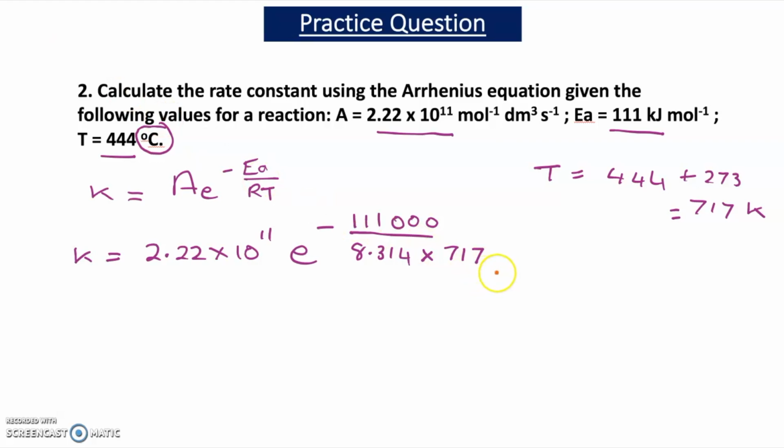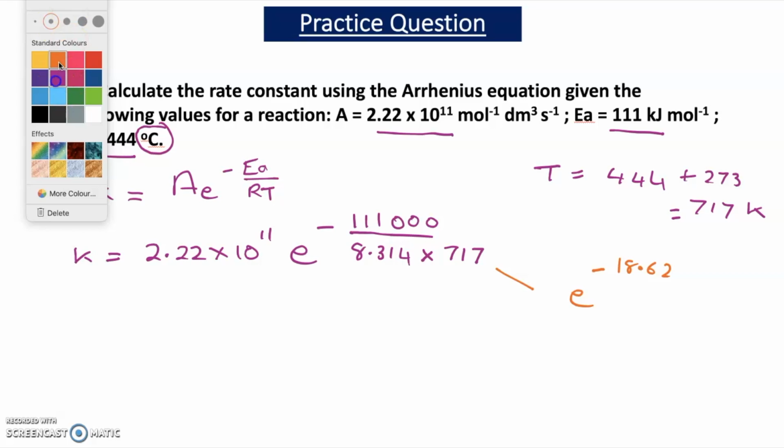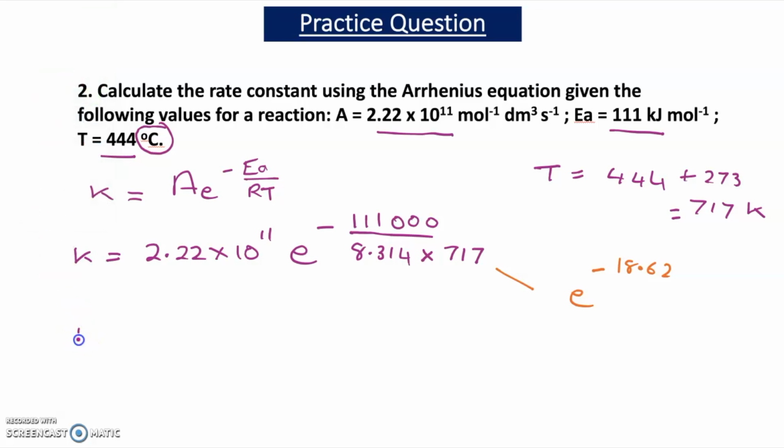Now once again, I like to simplify this by working out what 111,000 divided by 8.314 times 717 is. And this comes out to be 18.62. So I've simplified e to the minus 111,000 divided by 8.314 times 717 as e to the minus 18.62. So k is equal to 2.22 times 10 to the 11 times e to the minus 18.62.